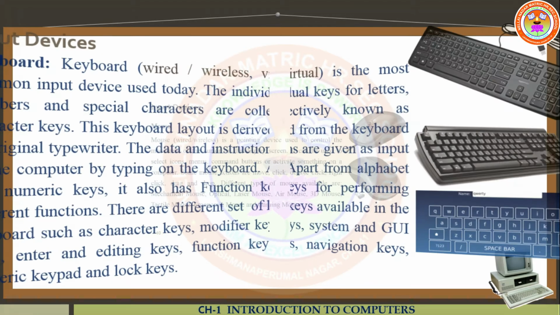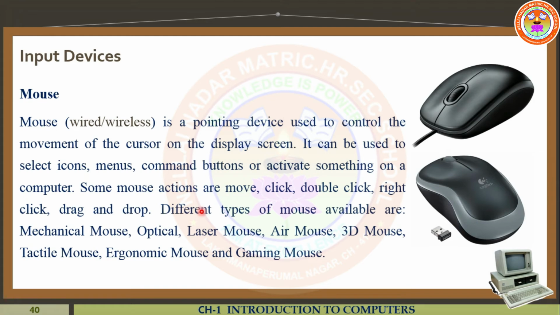The next main input device is the mouse. The mouse also comes in both wired and wireless devices. It is a pointing device. It can be used to control the movement of the cursor on the display screen.